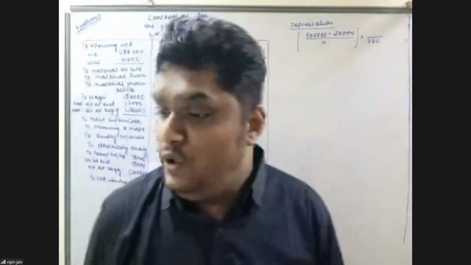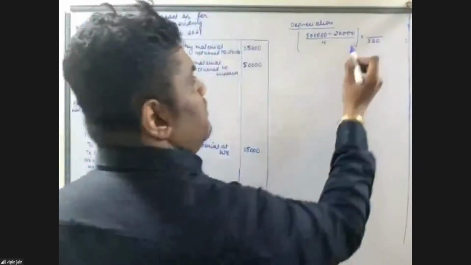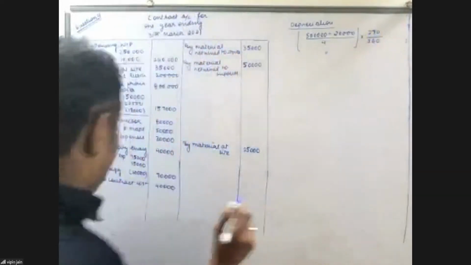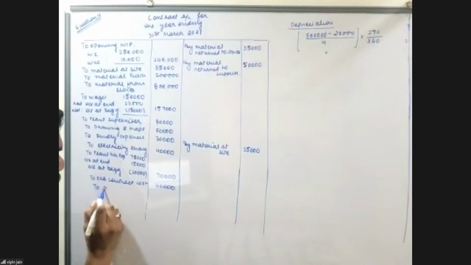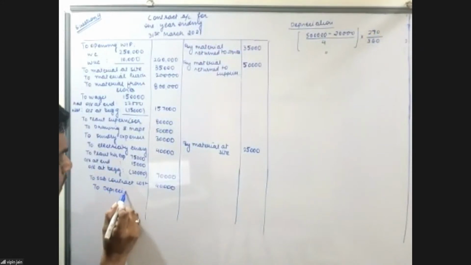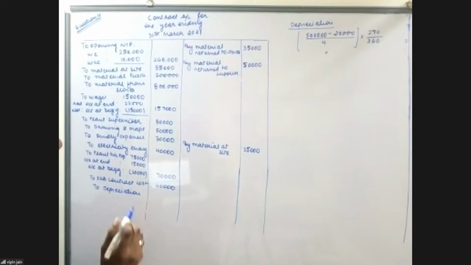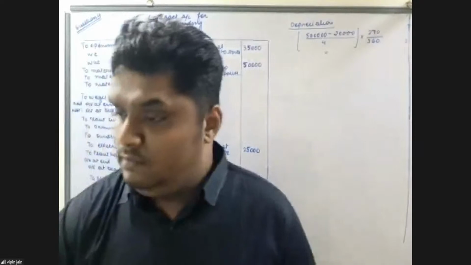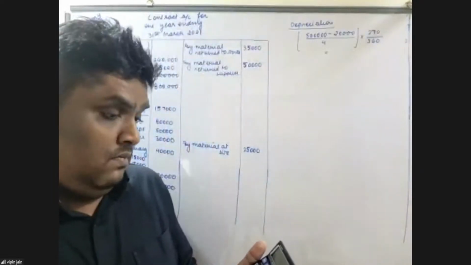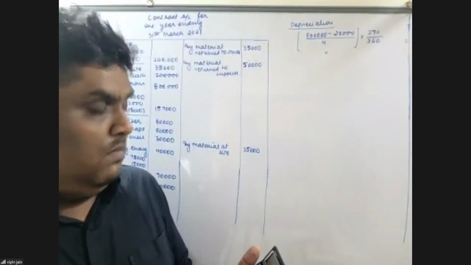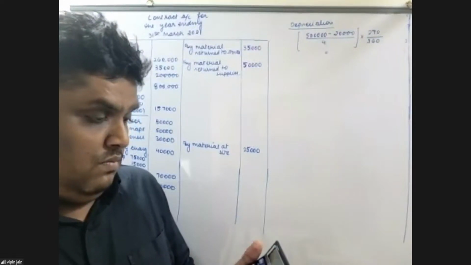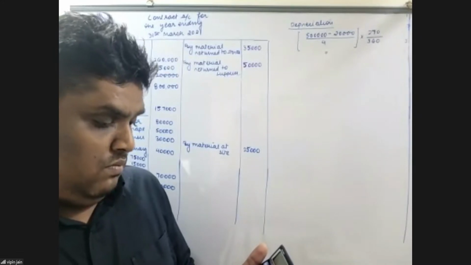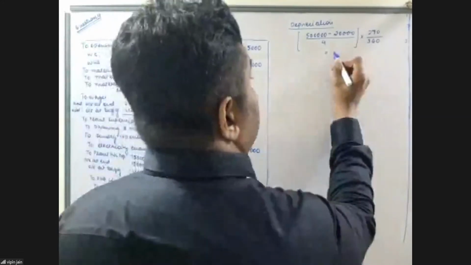And it has been used for 270 days in a year on this contract. So the depreciation as calculated will be 90,000.